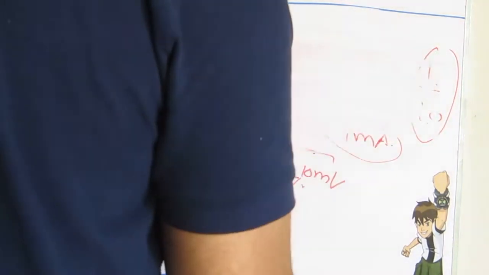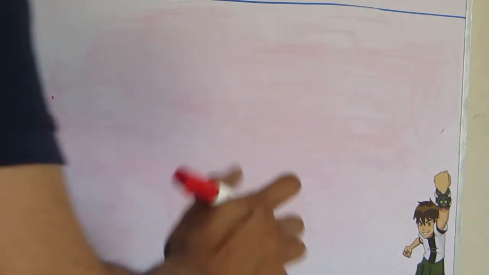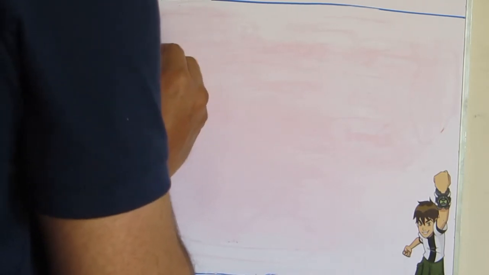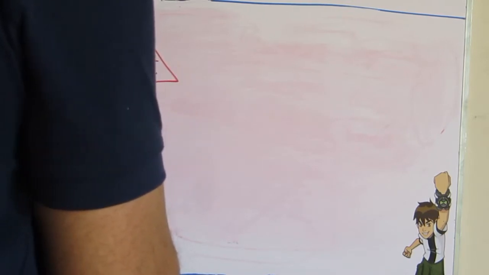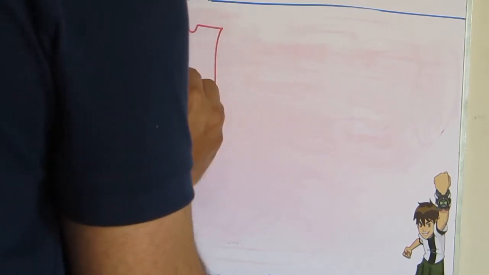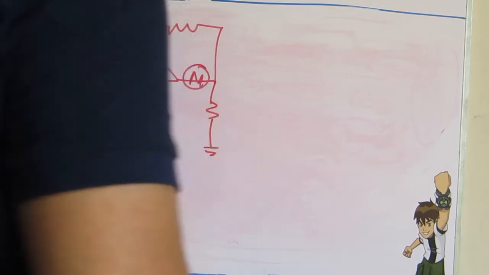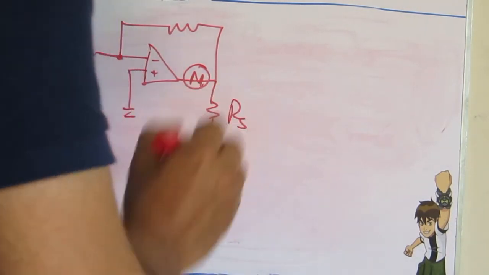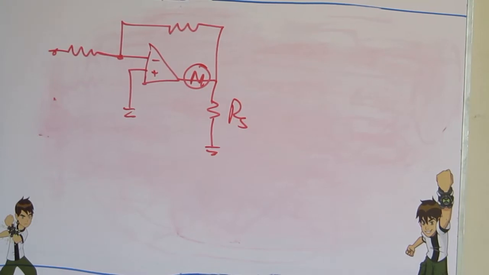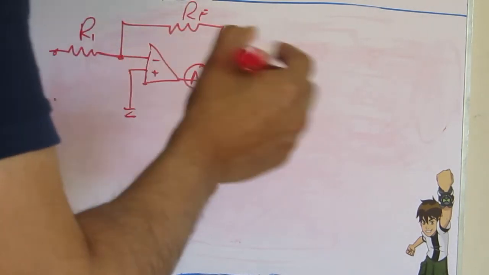Okay, before going to the AC voltmeter, what's the conclusion here? The conclusion is that we can use an op-amp as a voltmeter, and the range can be selected by selecting the value of RS here, and you can simply put R1 and RF equal to the same value.